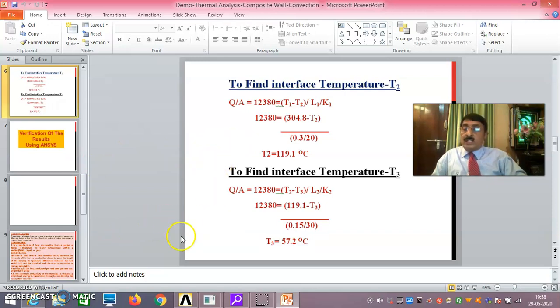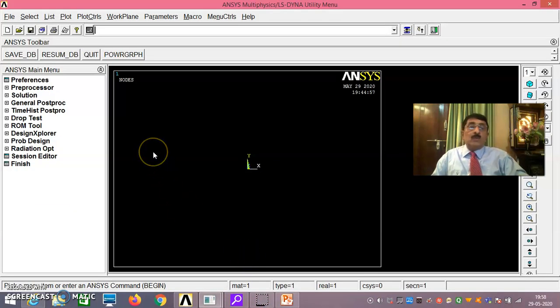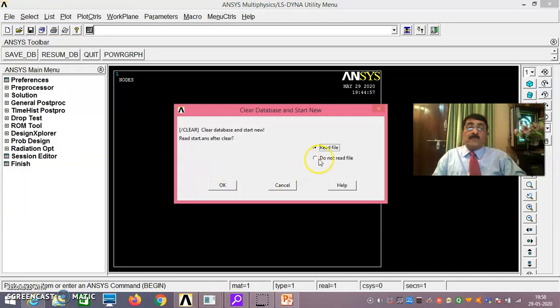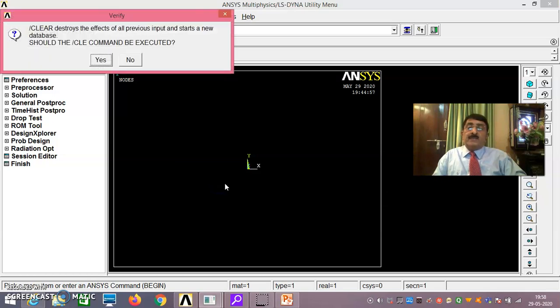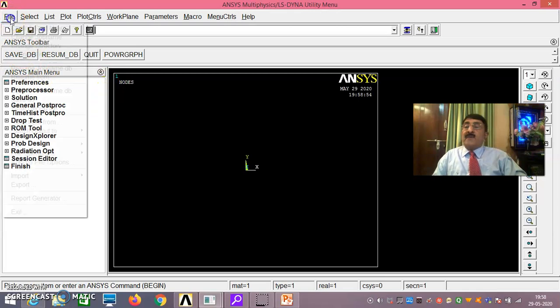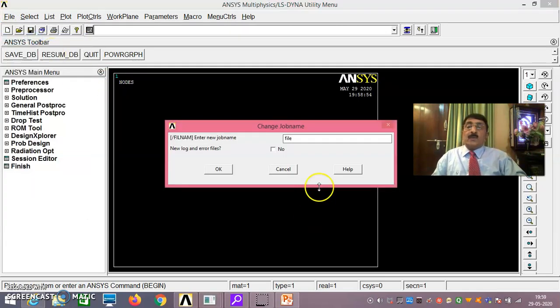Now we'll do how to verify this using Ansys. As I told you, File, Clear and Start New, basically the same thing you do every time. Then File, Change Jobname.